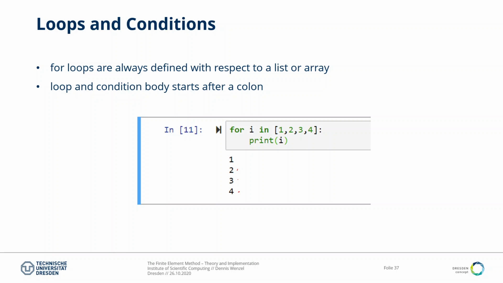What's also quite common if you want to use the typical for loop that's counting from, let's say, 0 to a certain number, then you would simply write for I in range of, and now of course if I want the 10 to be included, I have to write 11, because in Python indexing always starts at 0 and excludes the last one. So range of 11 is 0, 1, 2, 3 until 10.